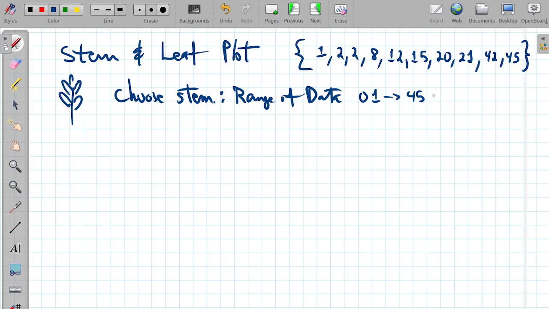So that suggests that it would make sense to have the stem be 0, and then the 10s, the 20s, the 30s, the 40s. So the stem will be the tens column. And that means the unit digits, the single digits, will be the leaves.